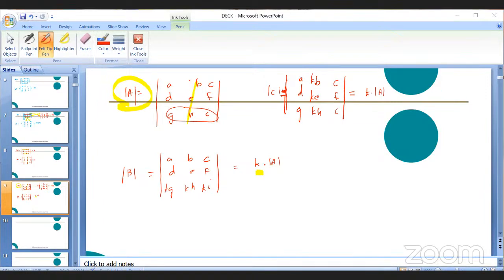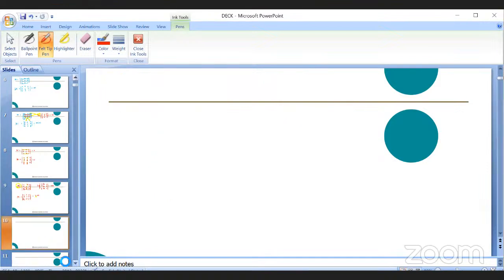Next, using determinants, we can find the area of a triangle. How?